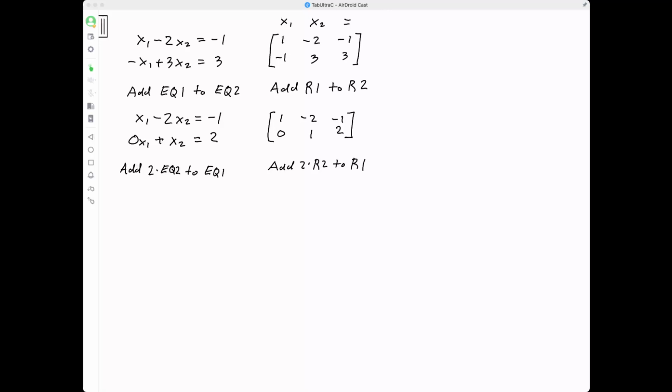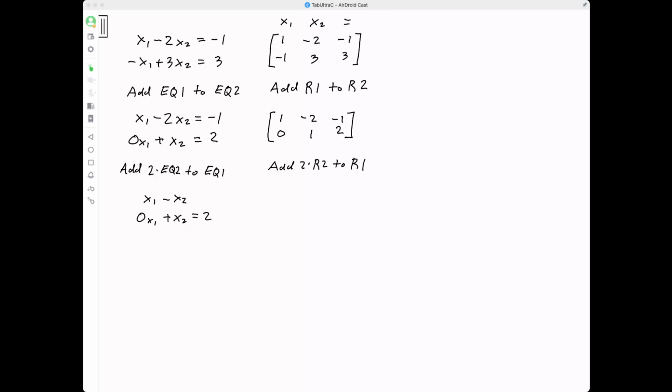So when I do that, my second equation is going to stay the same. And when I write down the first equation, I'm taking x1 plus 0x1 is just x1. Negative 2x2 plus x2 is minus x2.